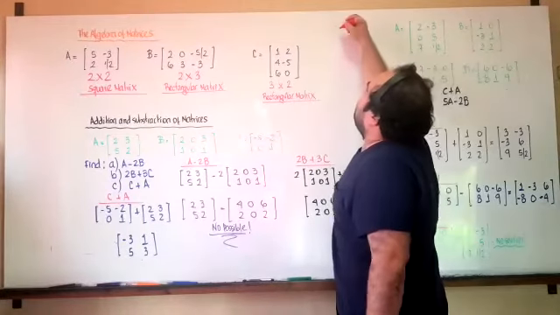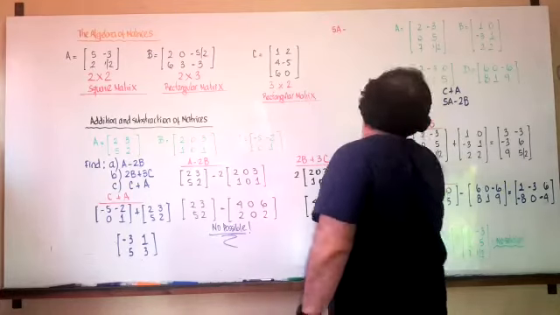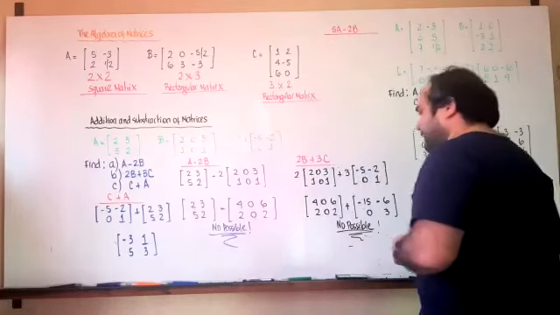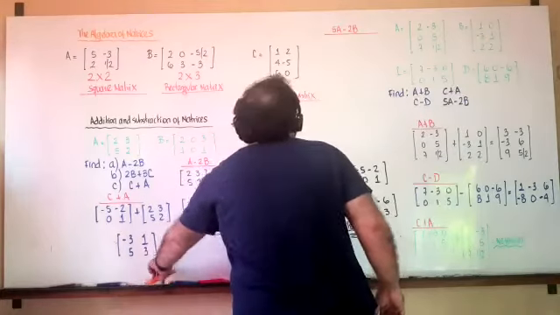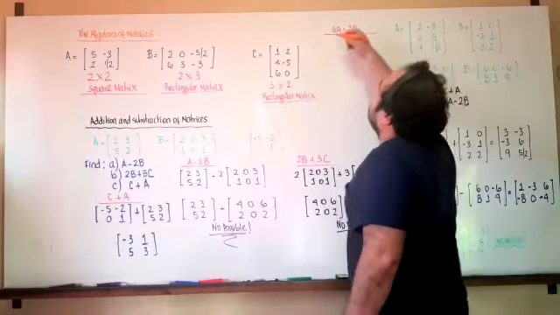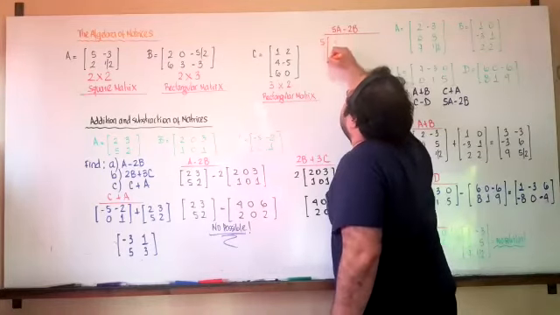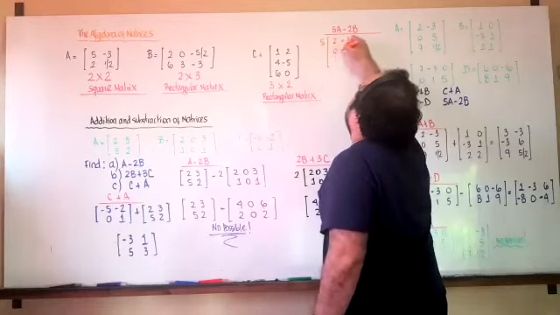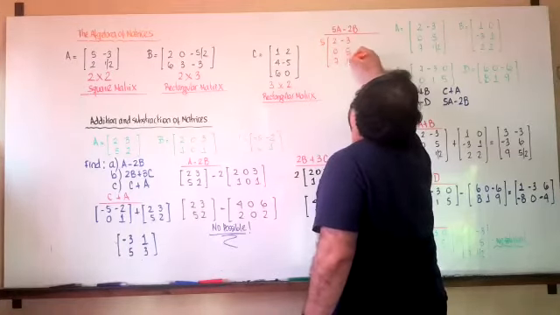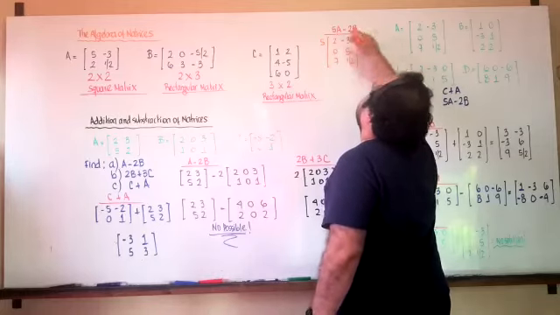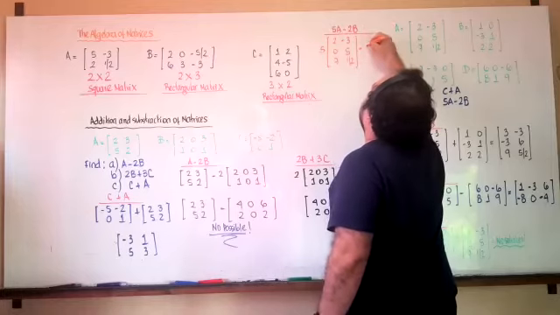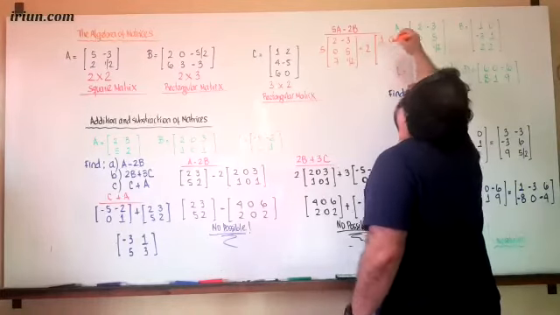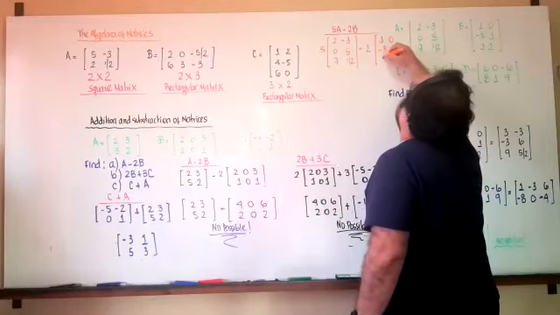We got 5 times matrix A, which is 2, negative 3, 0, 5, 7, 1/2, minus 2 times matrix B, which is 1, 0, negative 3, 1, 2, and 2.